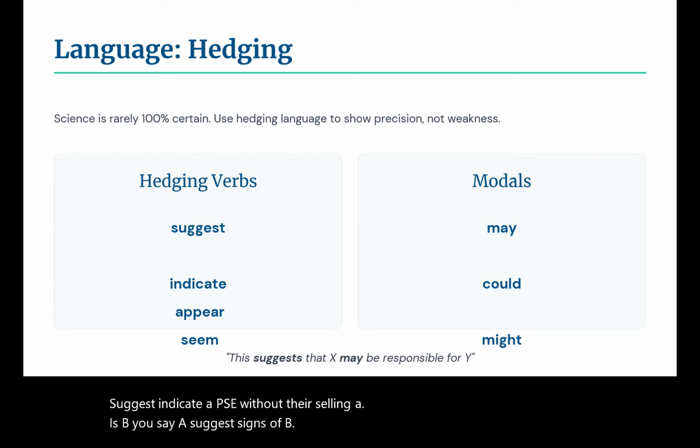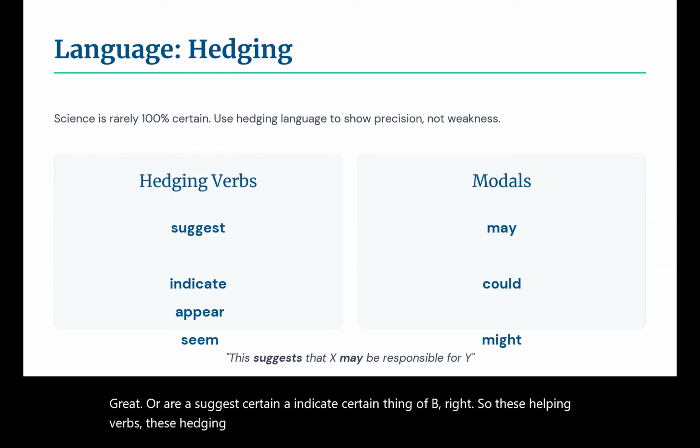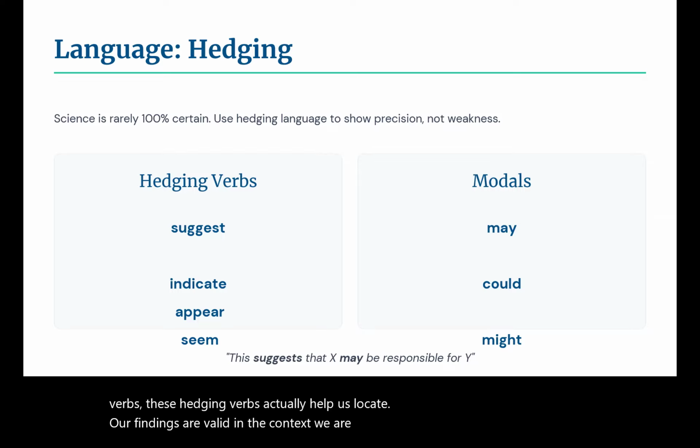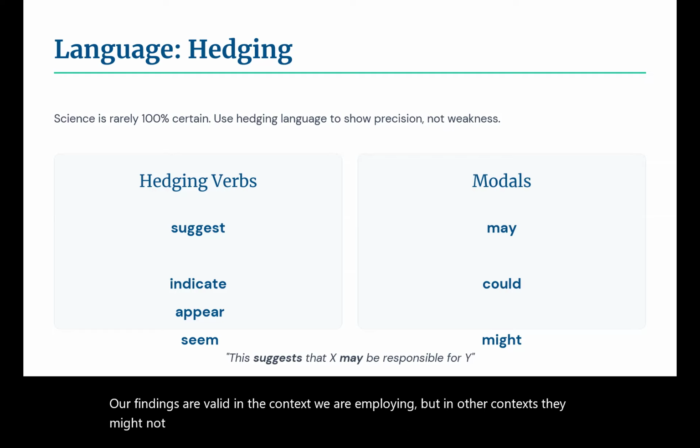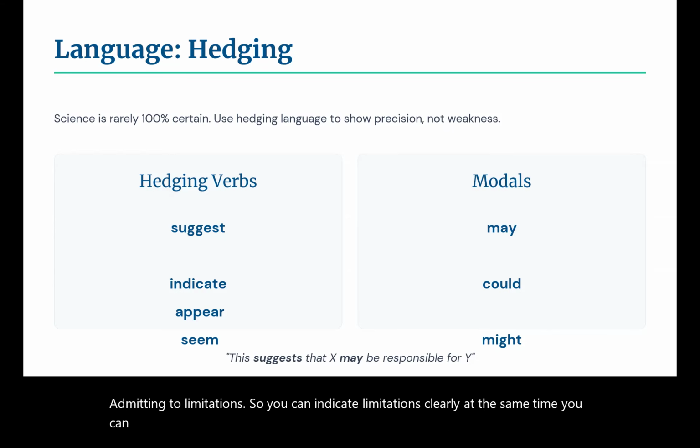Or rather, A indicates certain things of B. So these helping verbs, these hedging verbs, actually help us locate that our findings are valid in the context we are employing, but in other contexts they might not be valid, so you add the hedging. And hedging, remember, is part and parcel of admitting to limitations.